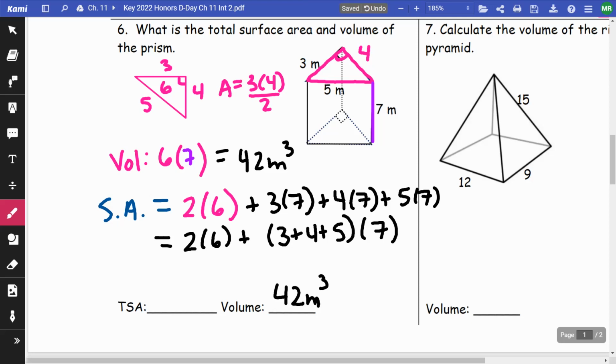So either way I do it, I am going to end up with 96 as my answer. And this is going to be 96 meters squared.